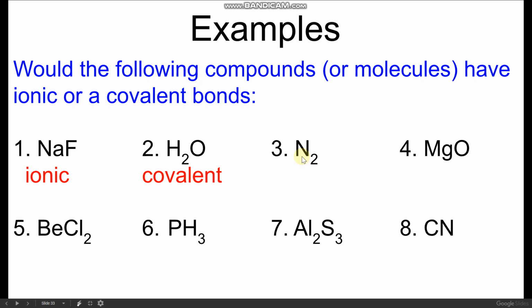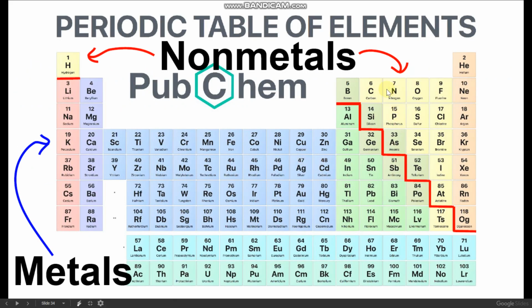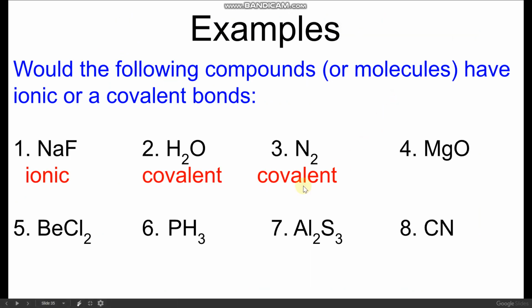In this molecule, we just have two nitrogen atoms bonded to each other. So this is a molecule because the atoms are the same element. Okay, but since nitrogen is a nonmetal, we can see it right here on the periodic table. That lets us know that it's a covalent bond because it's one nonmetal bonded to another nonmetal.